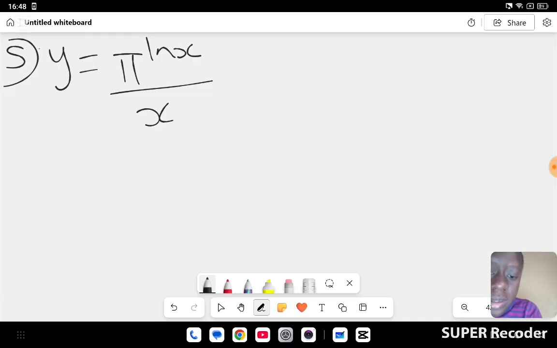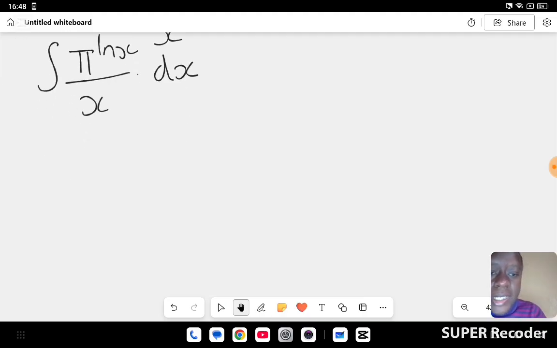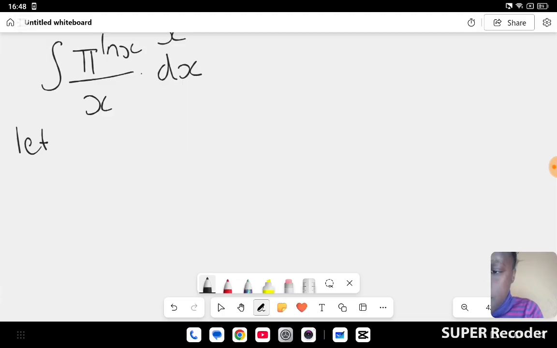For integration of pi to the ln x divided by x multiplied by dx, we have to let something be u, so let u be equal to ln x.